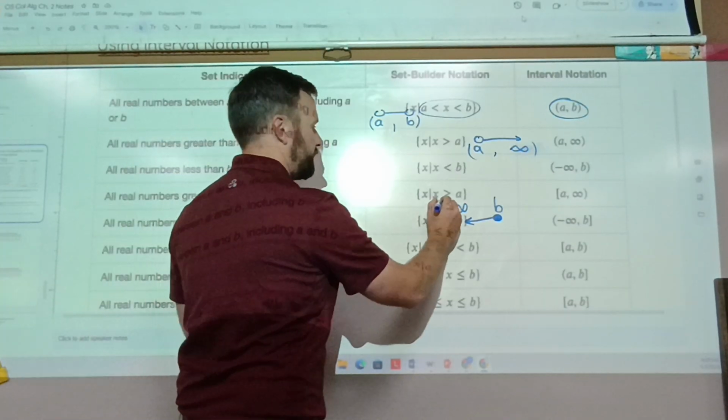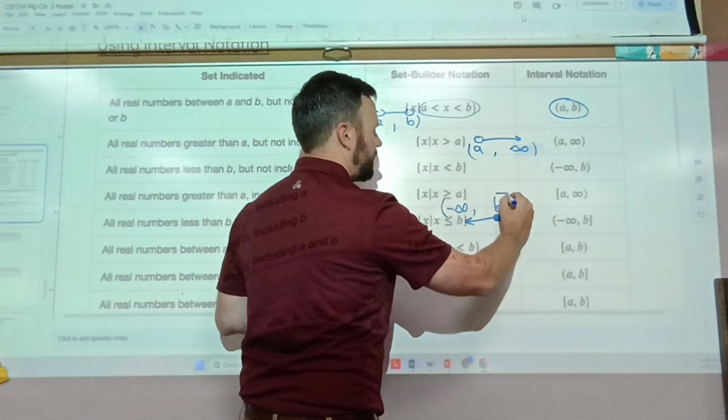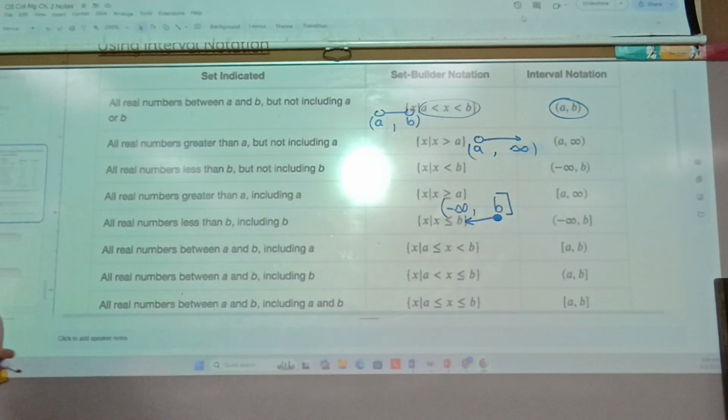That's it. That's your interval. But now since it's a closed dot, I'm not going to use a parentheses. I'm going to use a bracket. So bracket means you include it. That's part of it. Parentheses means it's not part of it. That's the end point.